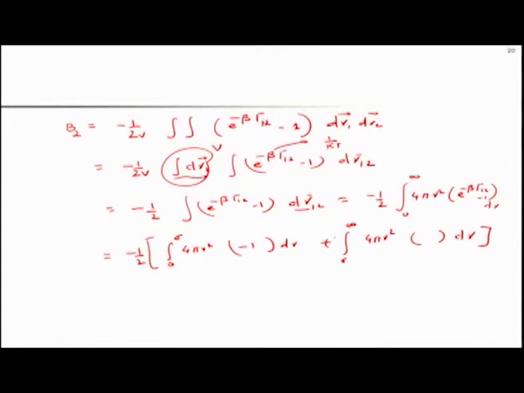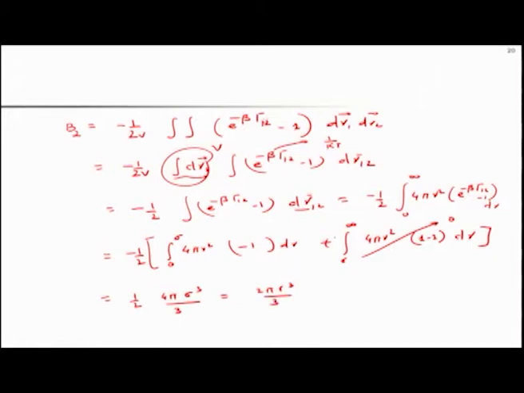When r is greater than sigma, gamma is 0, the exponential term is 1, then 1 minus 1 is basically 0, and this integral will be 0. So, what we have is 1 by 2 times 4 pi sigma cubed by 3, which is 2 pi sigma cubed by 3.